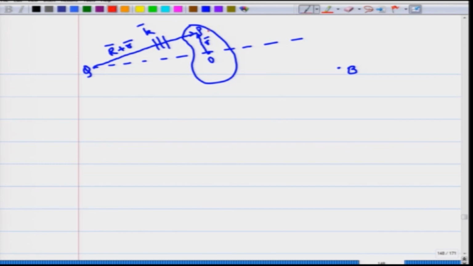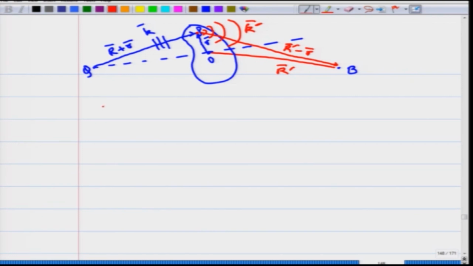There are secondary waves emitted from this point P, which are spherical wave fronts. This is R bar prime, this is R bar prime minus R, and the spherical wave fronts have k prime as their wave vector. Incoming wave vector is k, outgoing vector is k prime. Its direction has changed and it is coming in this direction.